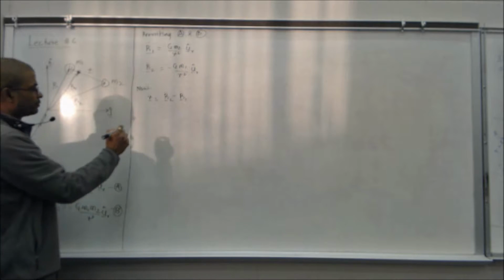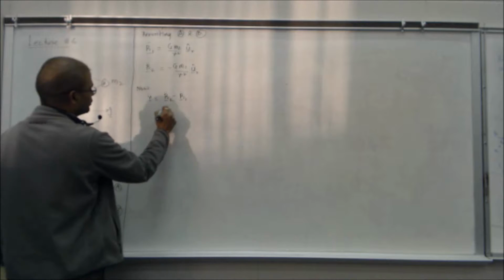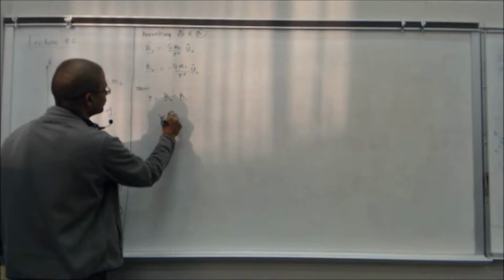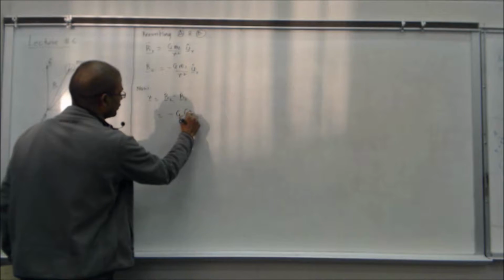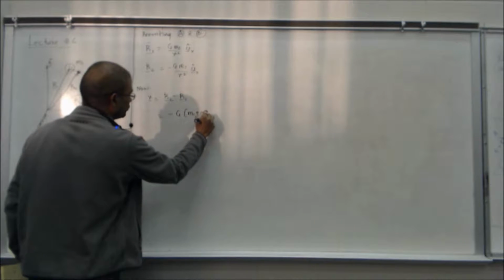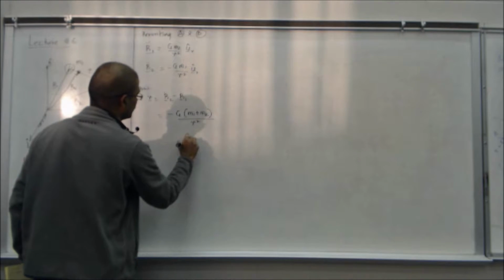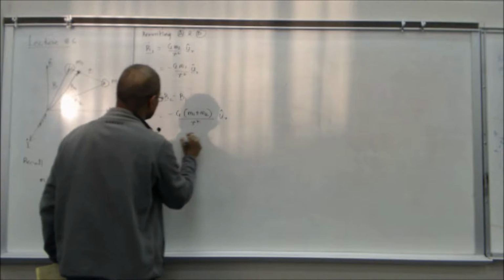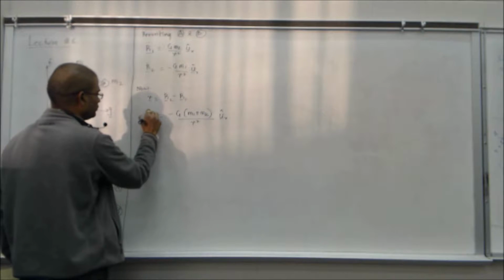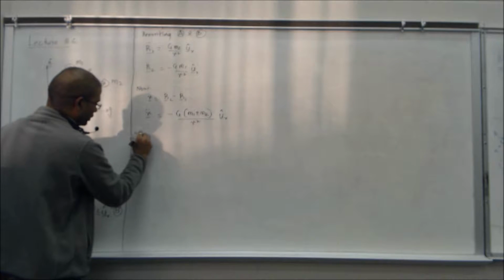Okay? The acceleration. Now, this would be minus G m1 plus m2 over R squared.